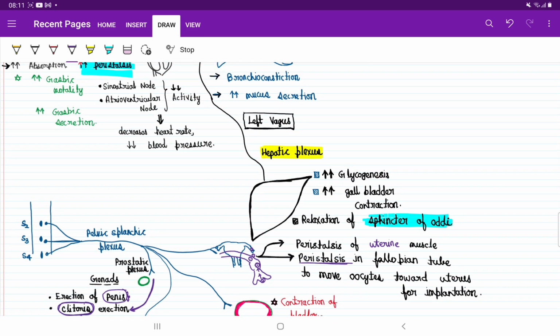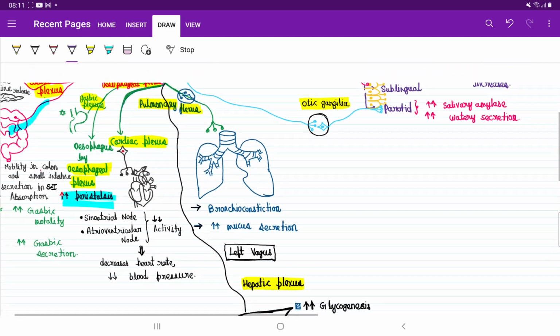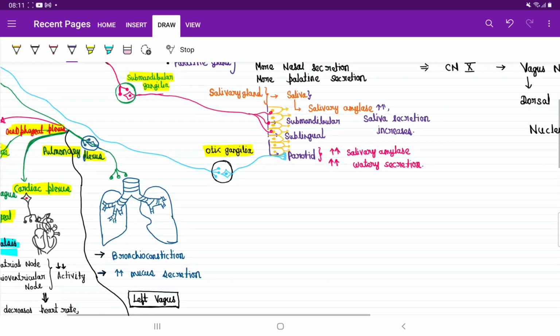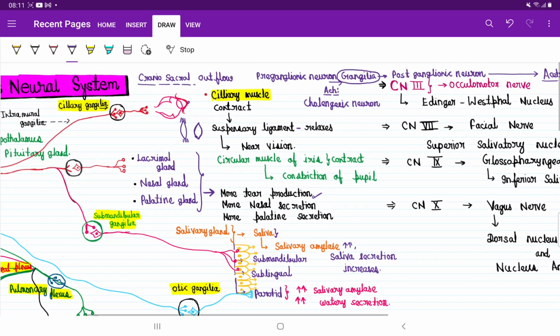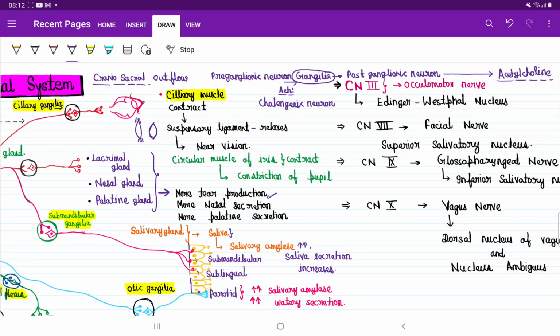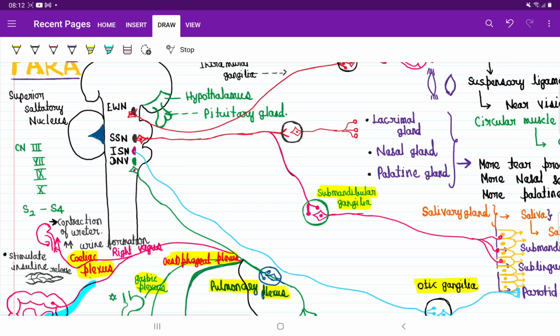Then they increase glycogenesis, increase gallbladder contraction, cause relaxation of the sphincter of Oddi, decrease heart activity, increase peristalsis in the esophagus, increase activity of the small intestine, cause bronchoconstriction, more saliva secretion, more nasal secretion, constriction of the pupil, and accommodation of the eye lens for near vision. So this is our craniosacral outflow, our parasympathetic neural supply.